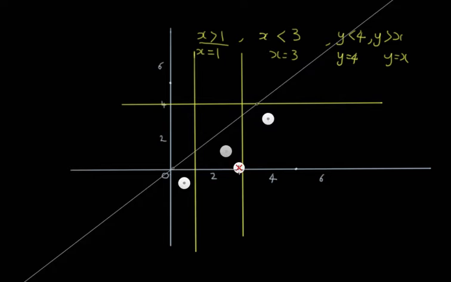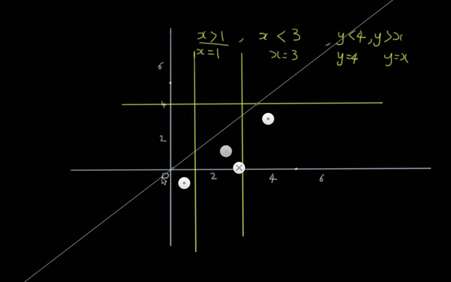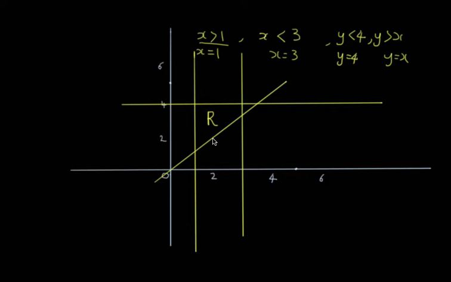Okay. There we go. So we've got our line x equals 1, x equals 3, y equals 4, and y equals x. And so we're left with this region in here, and we're going to call it region R.